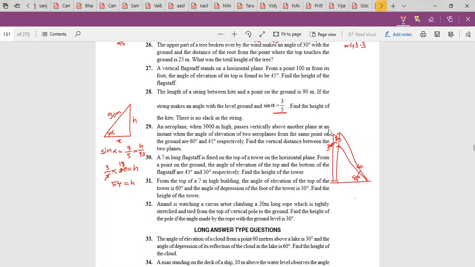Is that height 1732? 1733, let me check. Ma'am, I'm not sure. Solutions. Ma'am, I got that as 1268.